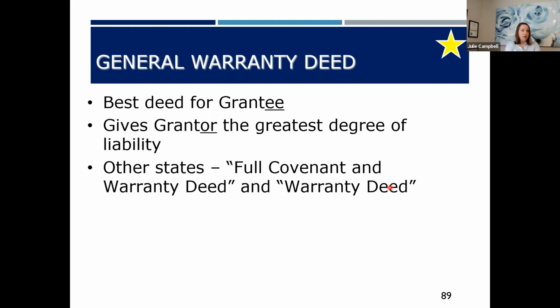When we get further along, we're going to learn the buyer hires the closing attorney. When we get to the contract to closing process, the buyer hires the closing attorney.